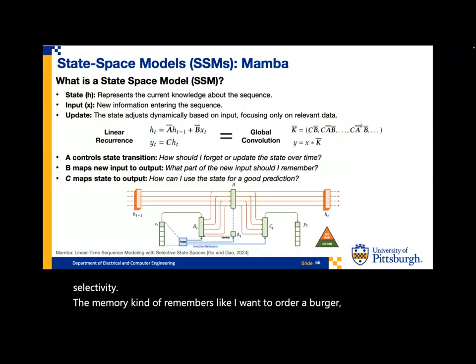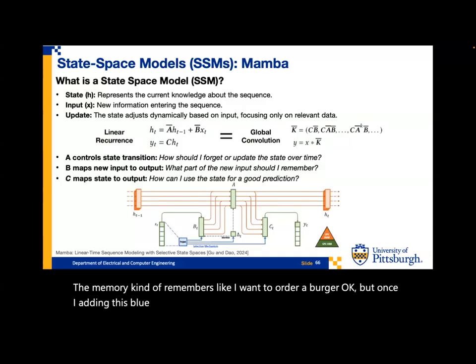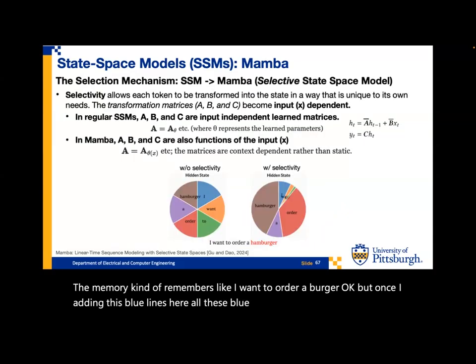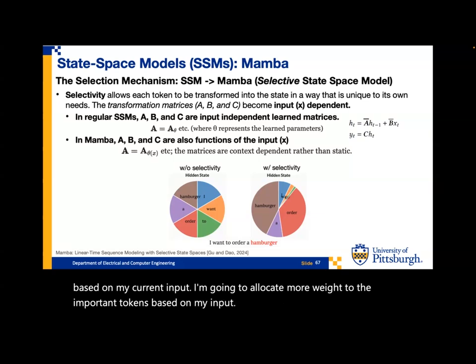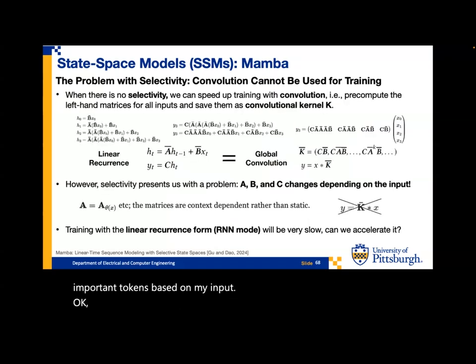But once adding all these blue lines here, it's trying to select based on my current input. I'm going to allocate more weight to the important tokens based on my input. Okay, so that's a kind of interesting innovation.